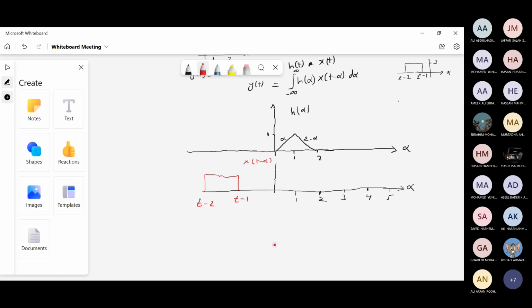So when t minus 1, which is this edge, is less than 0, then y of t equals the integration of 0, which is equal to 0, and t is less than 1 in fact.